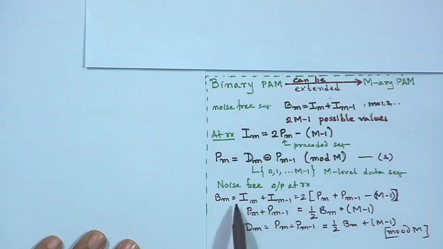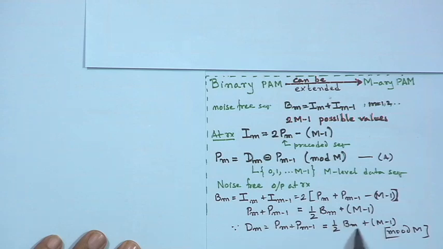So, the noise free output at the receiver in a similar fashion can be taken as I m plus I m minus 1, which is the same expression as we did before, but here there is an m minus 1, previously we had 1. So, there m was 2. So, 2 minus 1 is 1. So, minus 1 is what we had for binary level, and hence p m plus p m minus 1, which is again a similar expression as we had seen before, and there m was 2 and here m is general, and d m can be p m plus p m minus 1, that is the data sequence is what we have over here, which is half of b m plus m minus 1 in modulo manner.